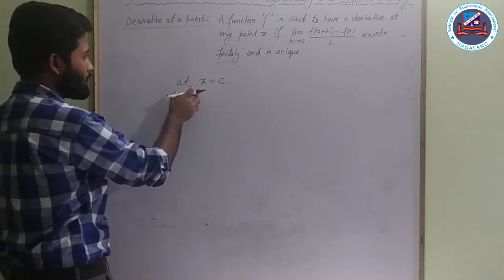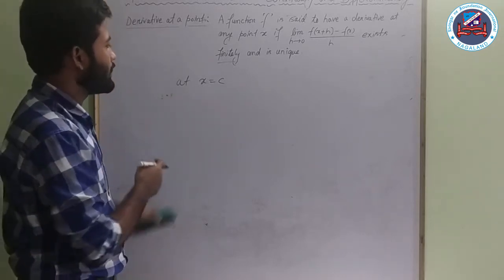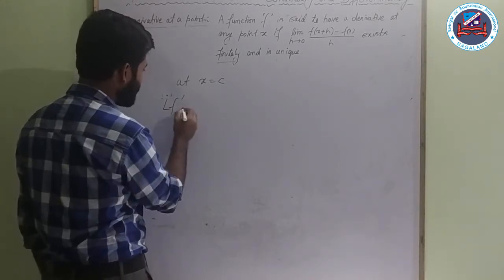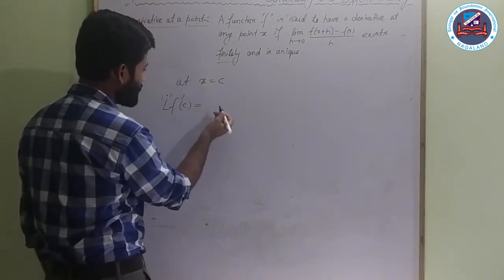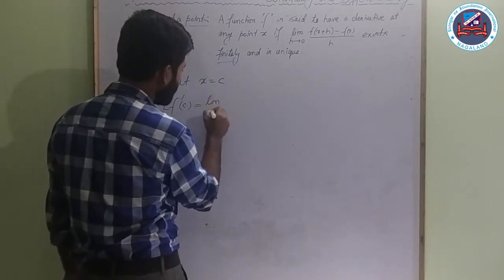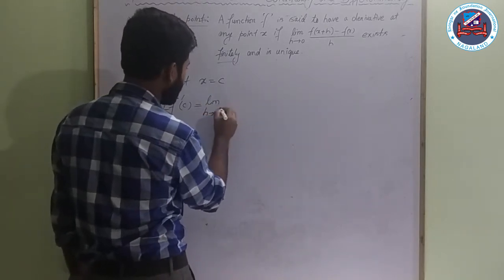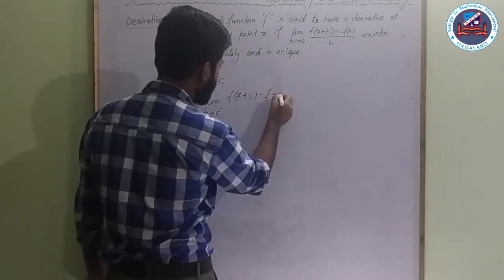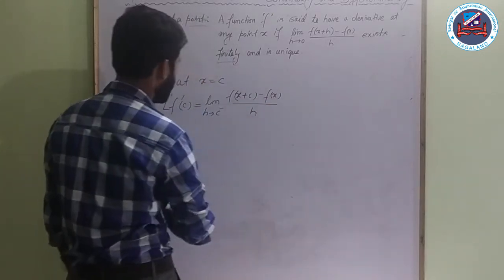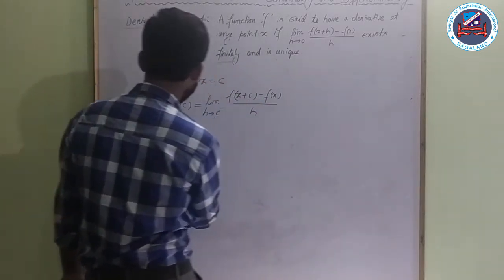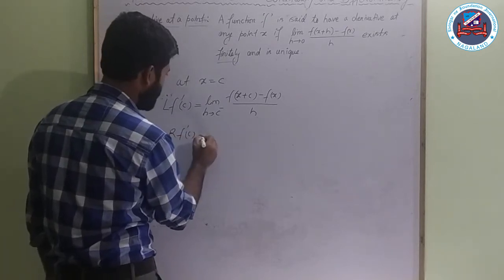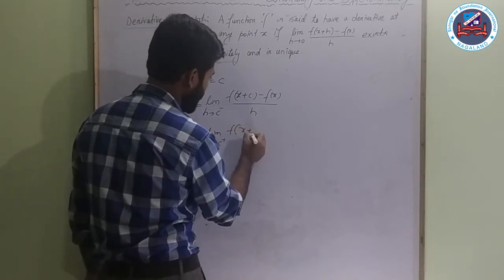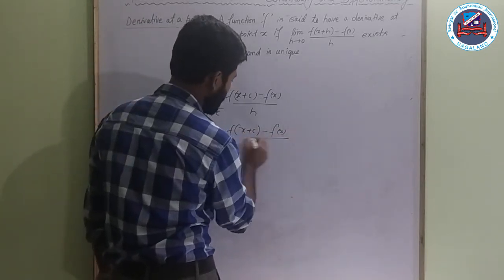This function has a derivative at the point x equals c if the left hand derivative, that is Lf'(c), given by the limit as h tends to 0 from the negative side of f(c + h) minus f(c) divided by h, is equal to Rf'(c), the limit as h tends to 0 from the positive side of f(c + h) minus f(c) divided by h.